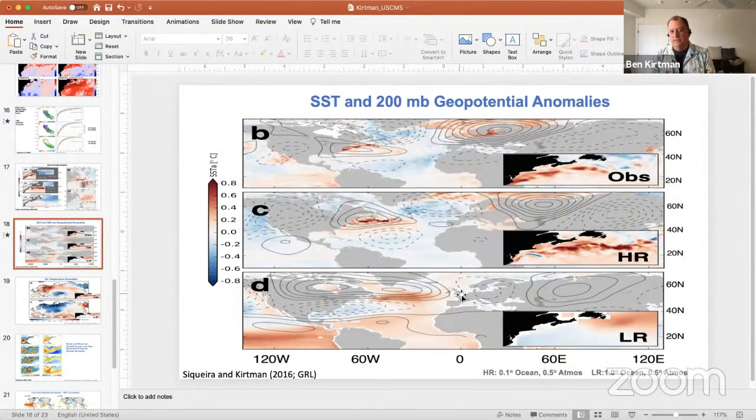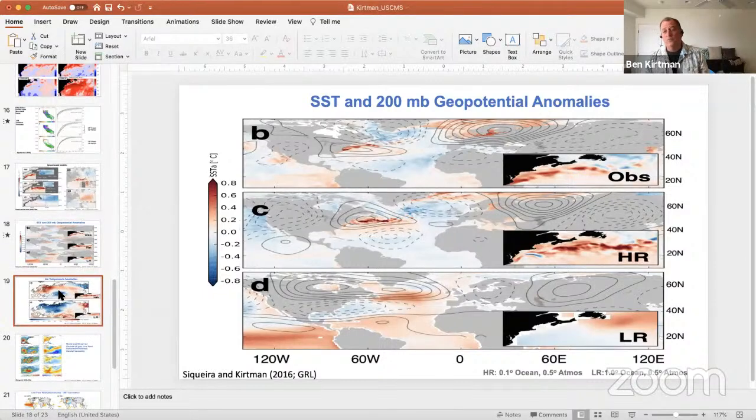If you go to panel C, contours again are the geopotential height, you see that focused response and wave train downstream associated with Gulf Stream being warm, but you don't really see that in the low resolution model. It just doesn't do that. In fact, it overemphasizes sort of an ENSO-like response, and this doesn't quite get it.